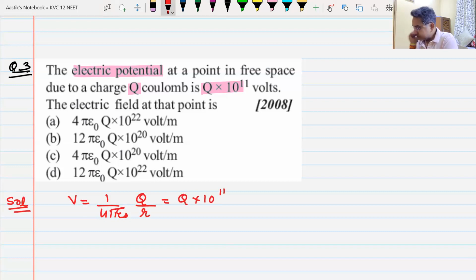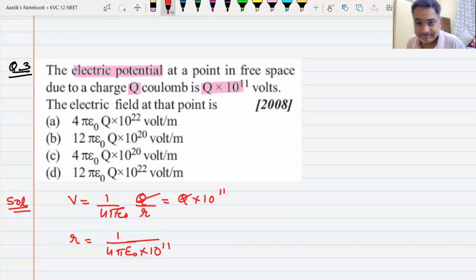So from here, I can find out the value of R. I can write R as 1 by 4 pi epsilon naught, Q and Q will cancel, into 10 raised to the power 11. This is your R.